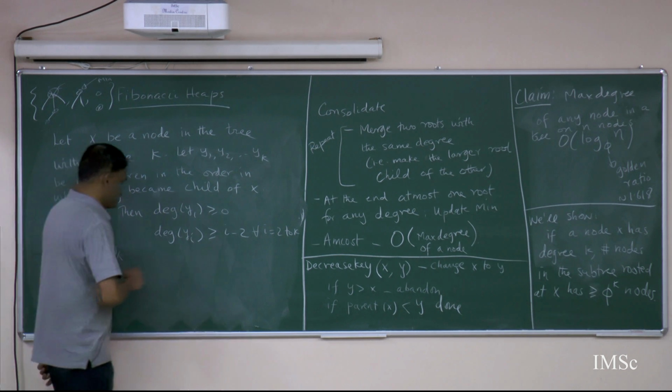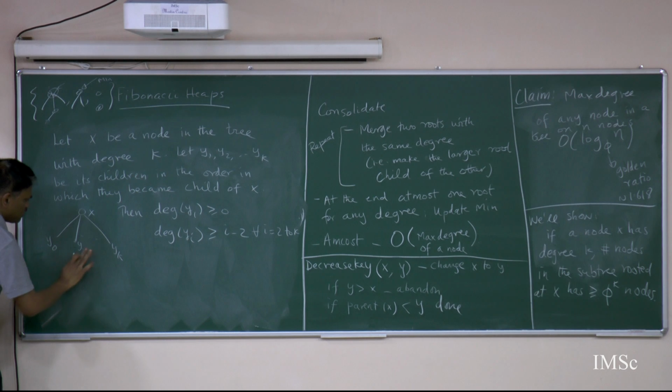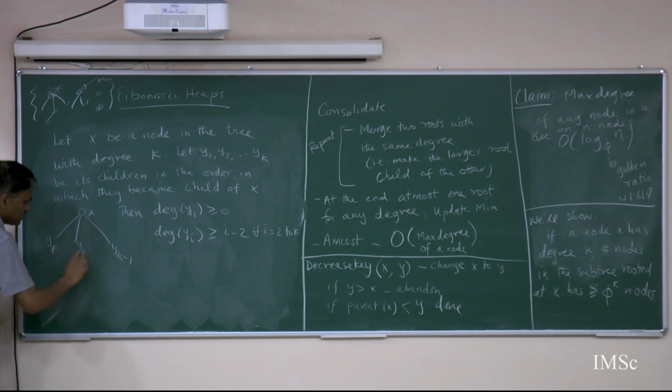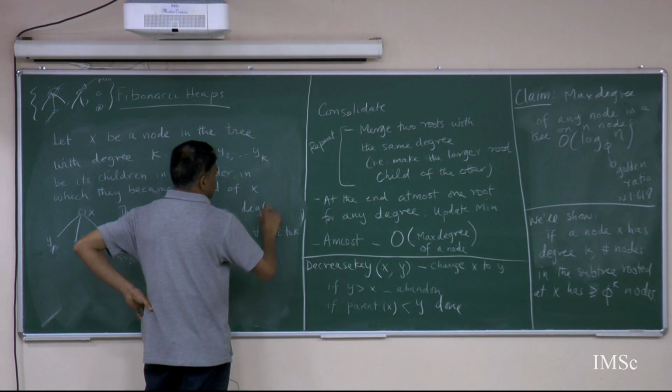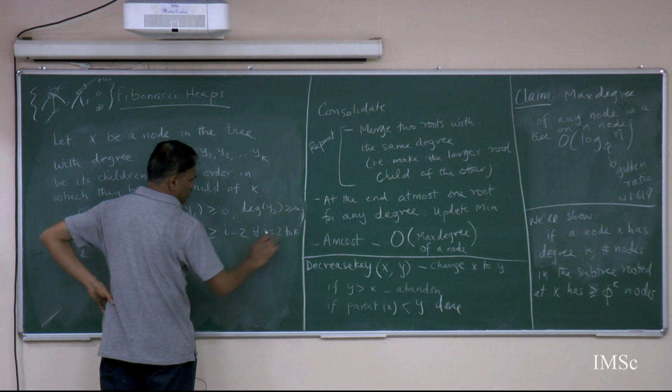Okay, let's take this: degree of y2 greater than or equal to 0, and let's say this from i equal to 3 to k.